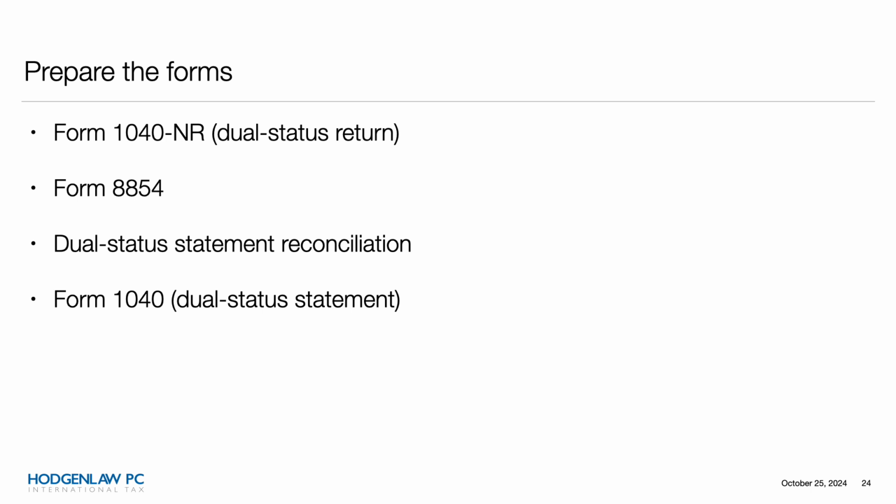Usually, you're going to prepare a Form 1040 NR. That form is going to be called your dual status return. You'll include your Form 8854. We recommend putting in a dual status statement reconciliation. I'll show you what we use for that later on. And then lastly, at the end is a Form 1040, and that's referred to as the dual status statement.